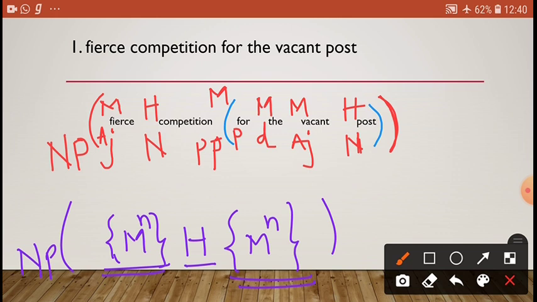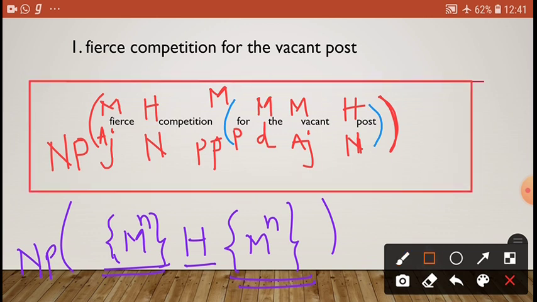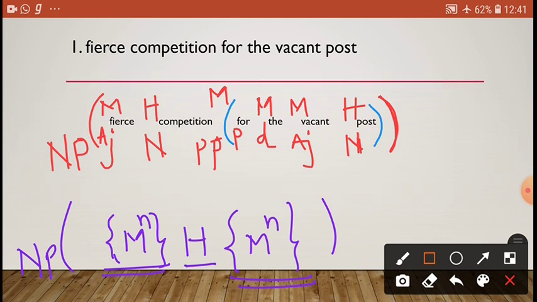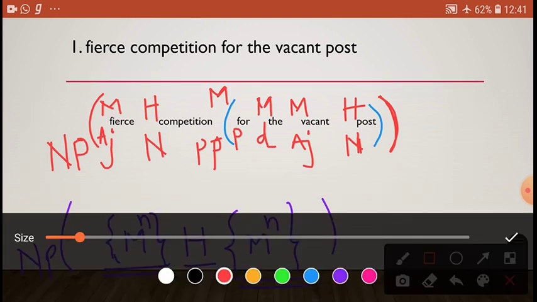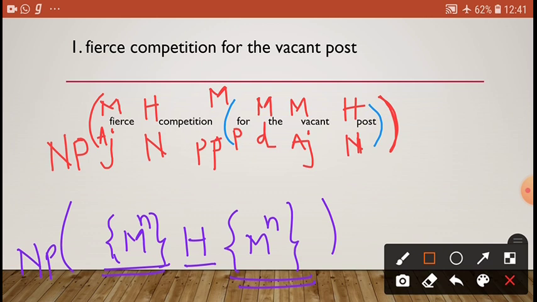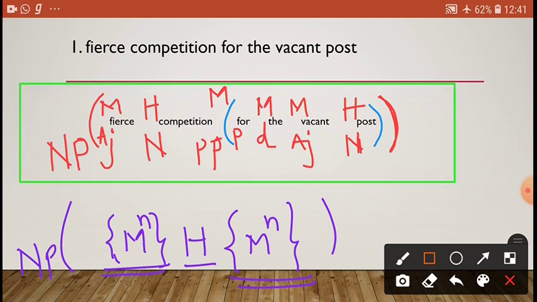So, this is how we can analyze this phrase, fierce competition for the vacant post, okay. So, this is the phrase analysis for this phrase.